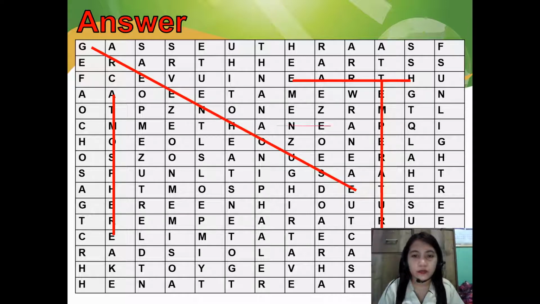Temperature. Very good. Yes, we have methane, heat. Another one. Yes, we have ozone. And that is right, radiation. How about our last word? Yes, we have sunlight.